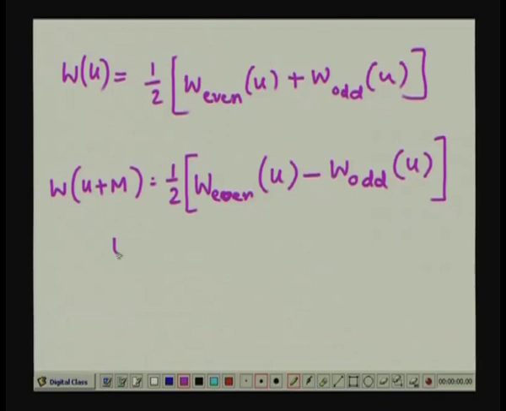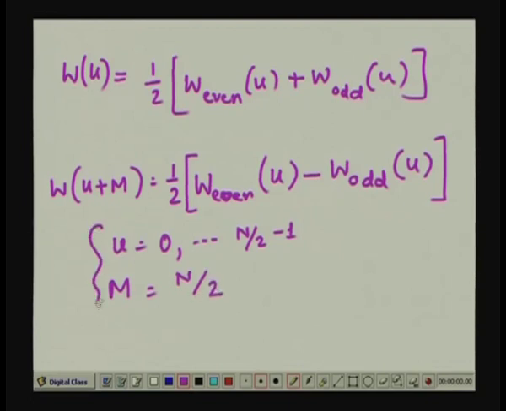In this case u varies from 0 to N/2 minus 1, and M is equal to N/2. So, you find that almost in the same manner in which we have implemented the fast Fourier transformation, the fast discrete Walsh transformation can also be implemented.